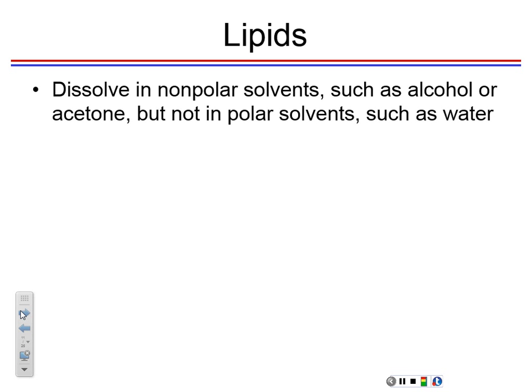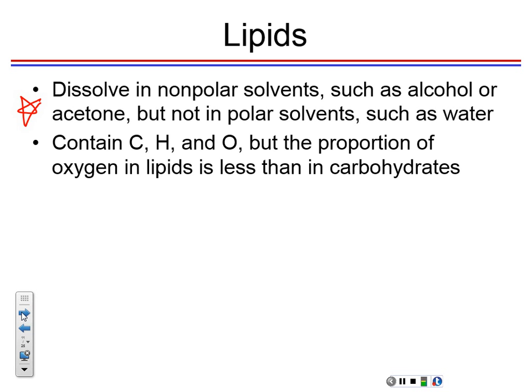But they will dissolve in non-polar compounds like acetone and alcohol. So these are hydrophobic, right? They don't like water. Again, we've got C, H and O, but oxygen to a much lesser extent than carbohydrates. There's very little oxygen in the fats.